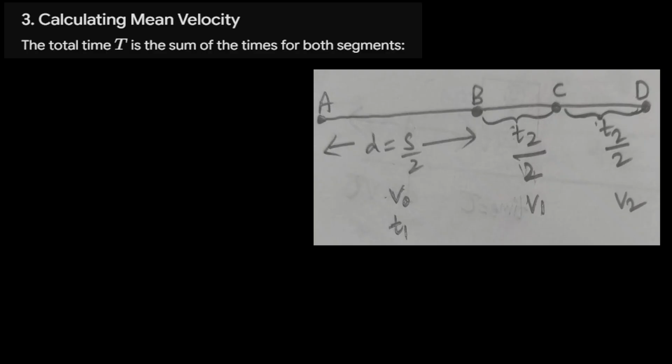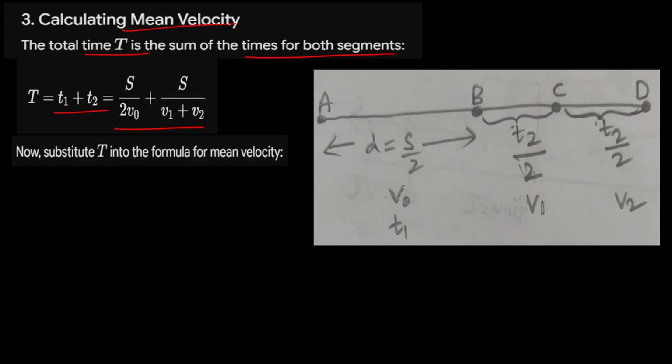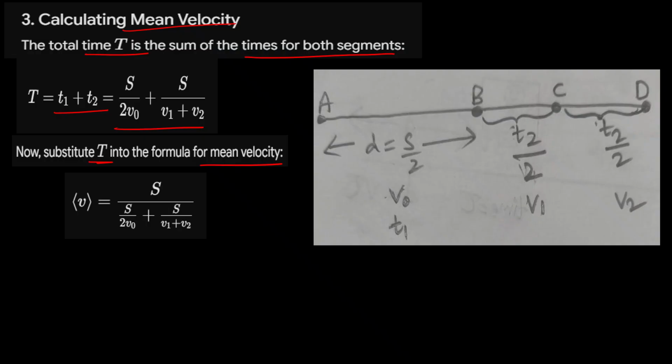We have finally reached the final step in our derivation, as shown in the diagram, calculating mean velocity. We know the total time t is the sum of the times for both segments, so we have t equals t1 plus t2, which equals s over 2v0 plus s over the sum of v1 plus v2. Now, substitute t into the formula for mean velocity, v equals s over t.